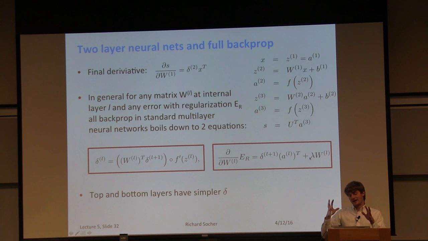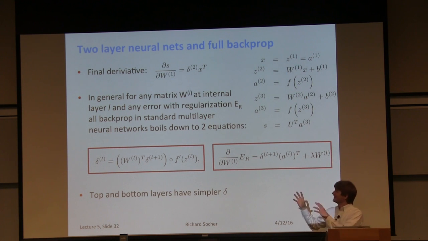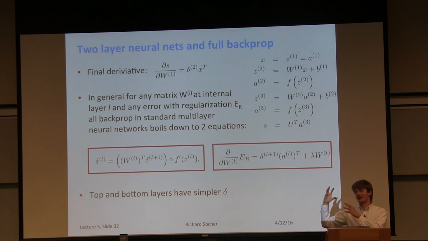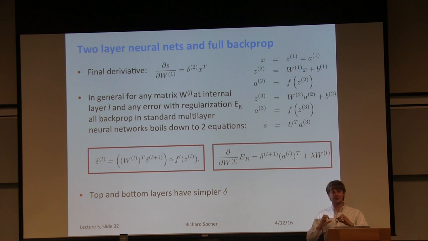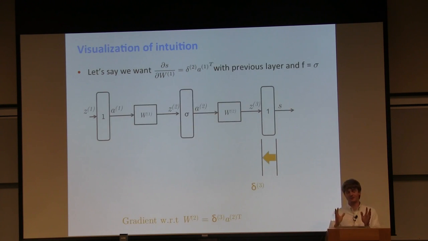And so I think probably half of you find this very careful derivation intuitive, but I know that for some people it makes sense to look at and visualize this intuition a little differently. So here's one last way, really quickly before we end, of thinking about how backpropagation works.